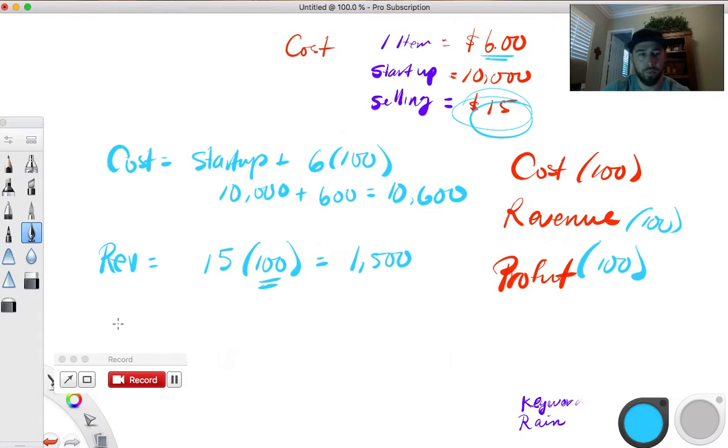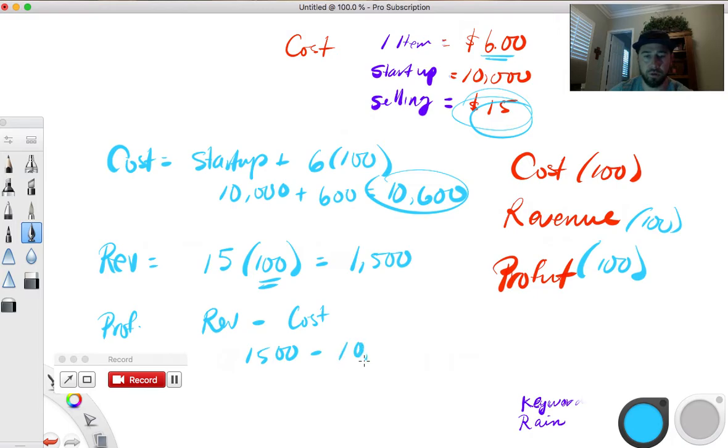Let's find out. Our profit is always our revenue minus our cost. Well, what was our revenue? 1,500 minus our cost. Well, how much did it cost us? 10,600. Gross.